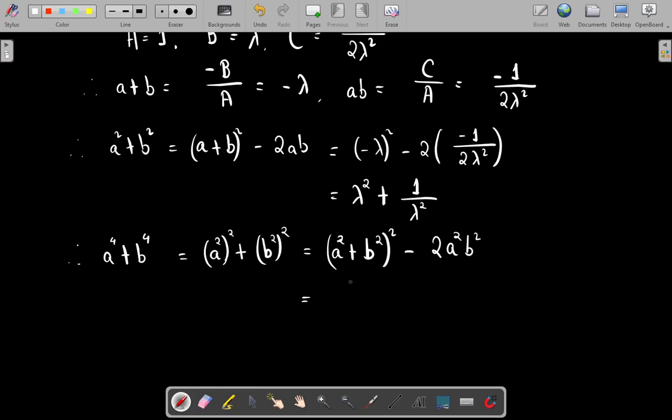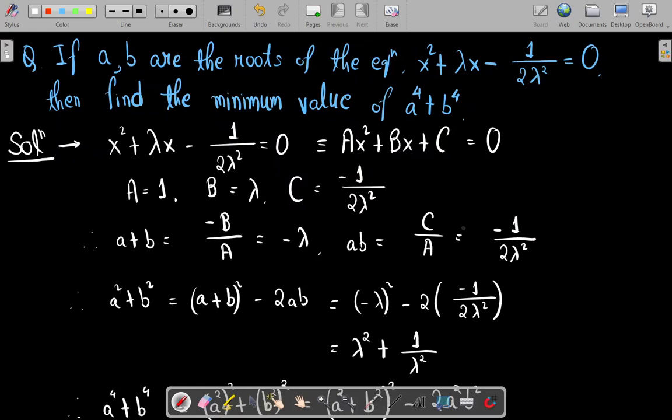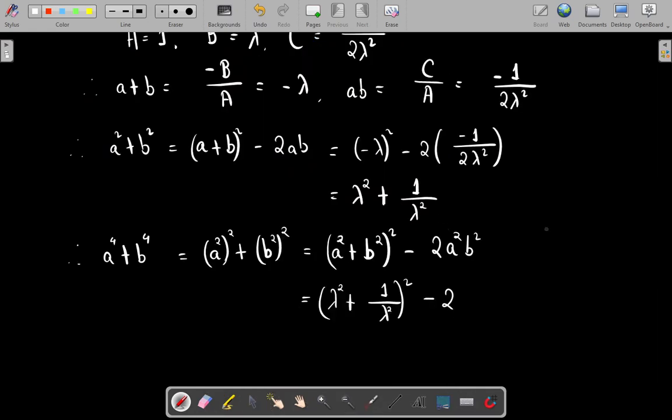Here we get a square plus b square is lambda square plus 1 upon lambda square, so this will be lambda square plus 1 upon lambda square whole square minus 2 times ab whole square.